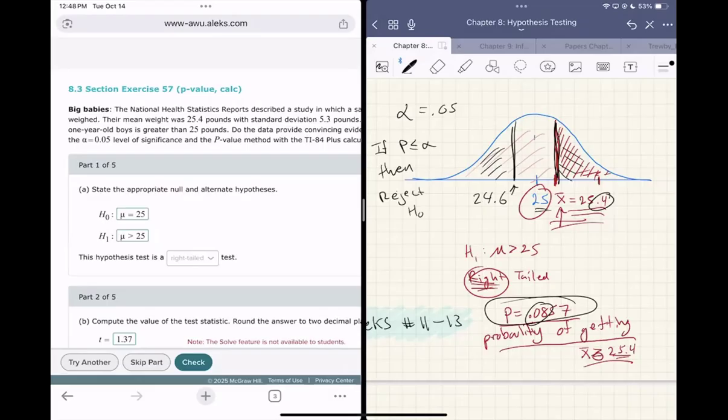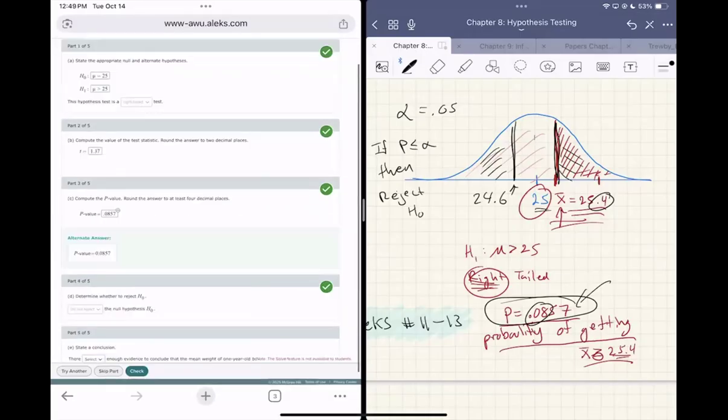H naught. So if for this sample of 33 one-year-old boys we got an average weight of like 26 pounds, that would be enough to reject. Anything where the p-value is less than or equal to 0.05, and I bet that would happen at 26 pounds.